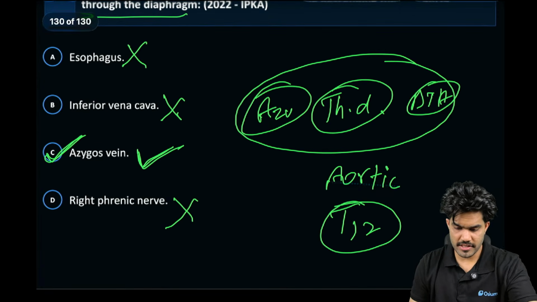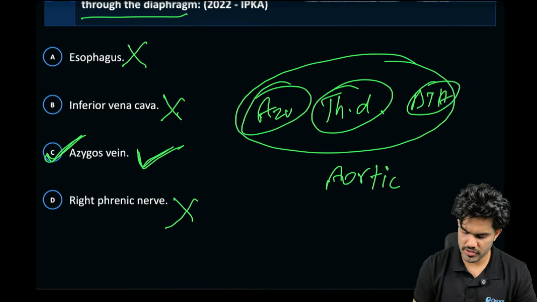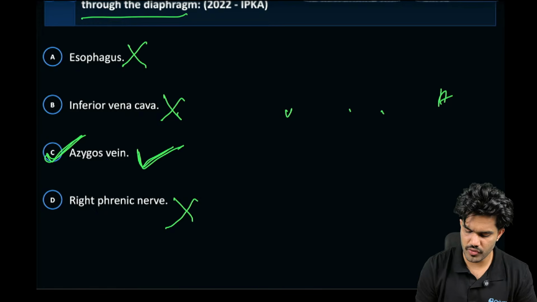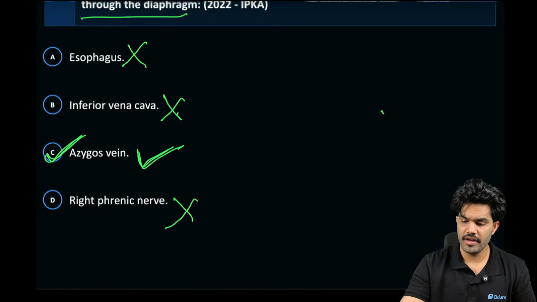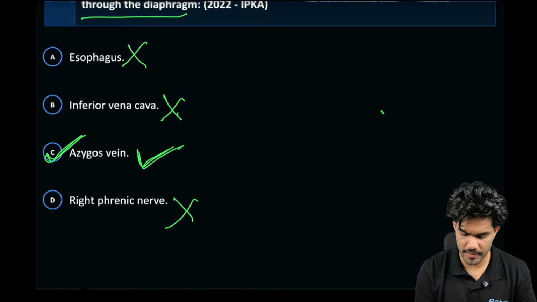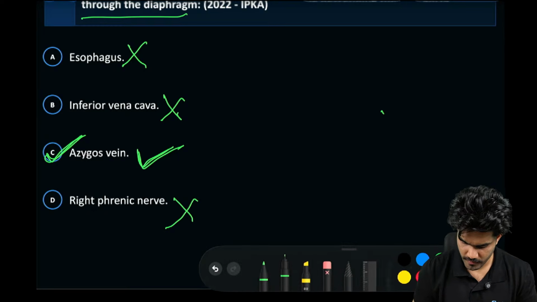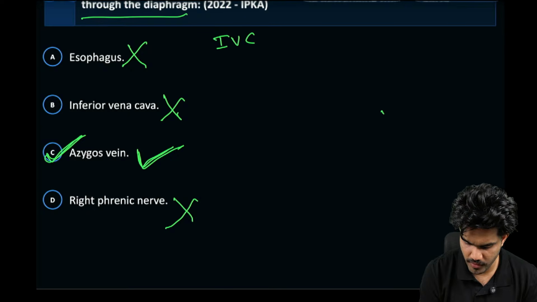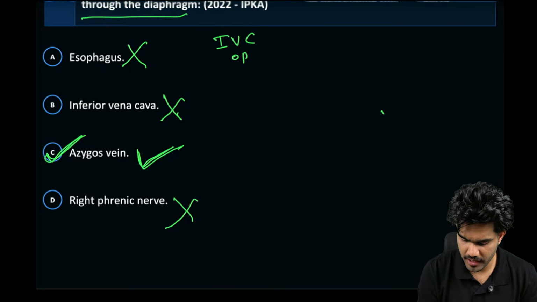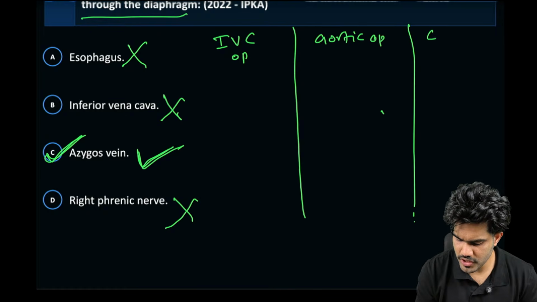One important concept you have to remember here. Last, I will stop the session in 2-3 minutes. One important concept you have to remember here about the openings. First, I will talk about the inferior vena cava opening, aortic opening, and esophageal opening.